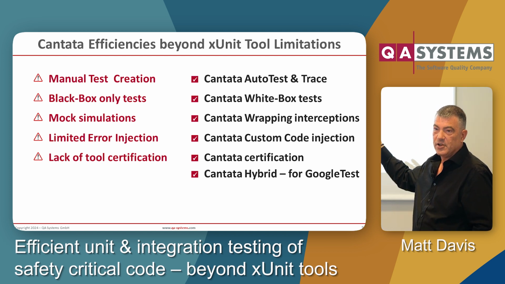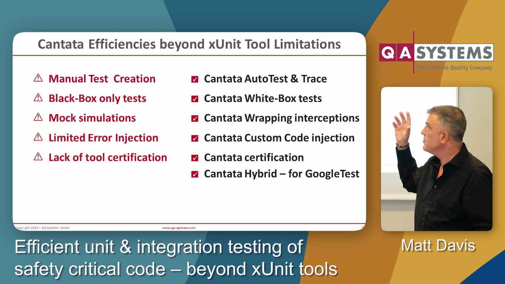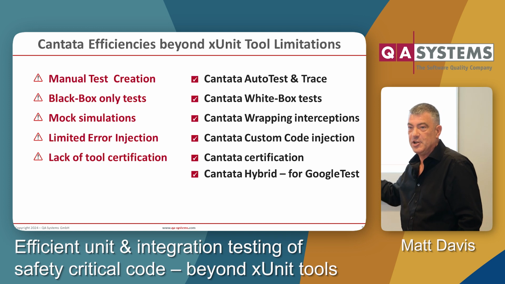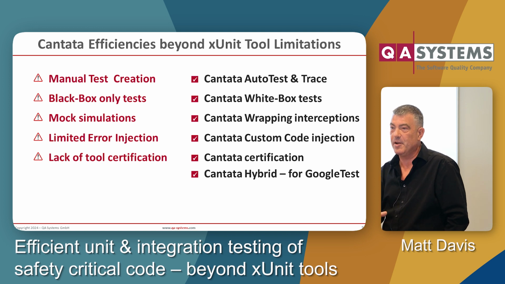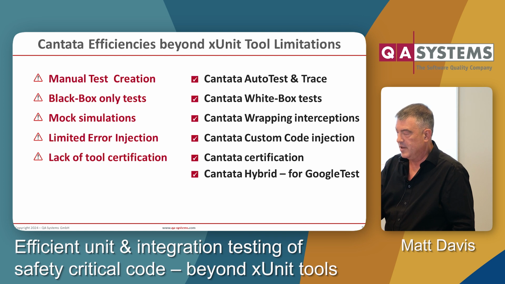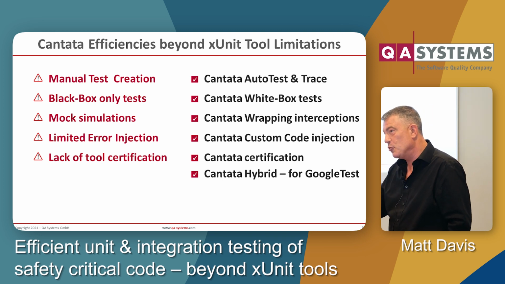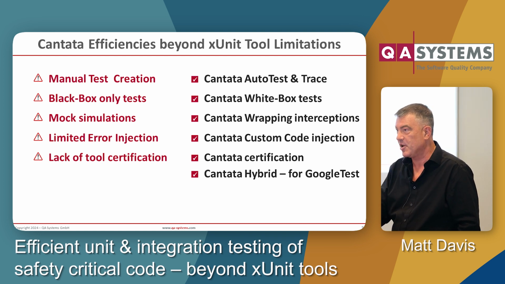By contrast, Cantata as a commercial tool can offer a capability which automatically generates tests for you. As Henrik said right at the beginning of the day, one of the most expensive things in developing embedded software is writing unit tests. If you can have a tool that automates the production of those, it becomes much more efficient.